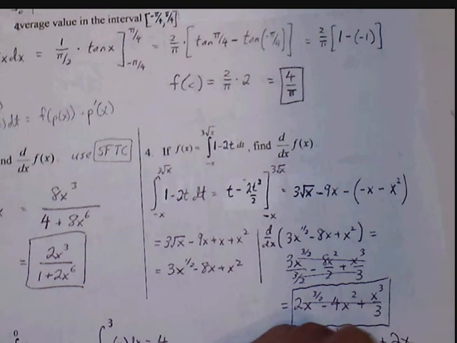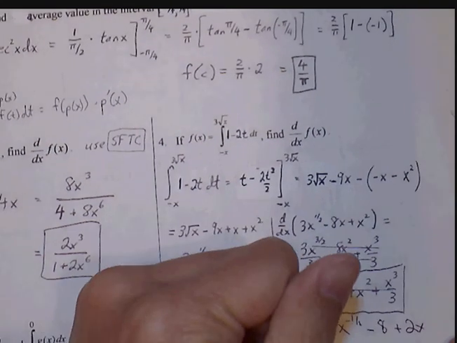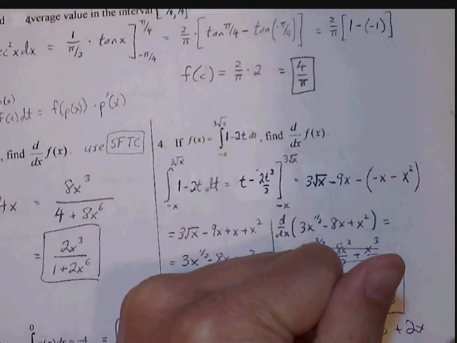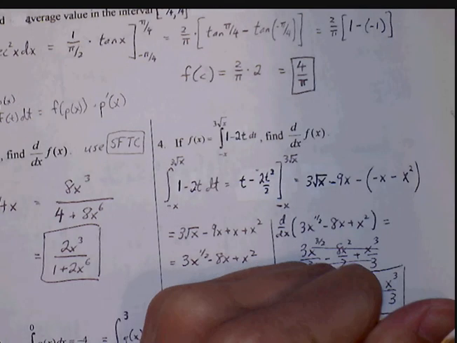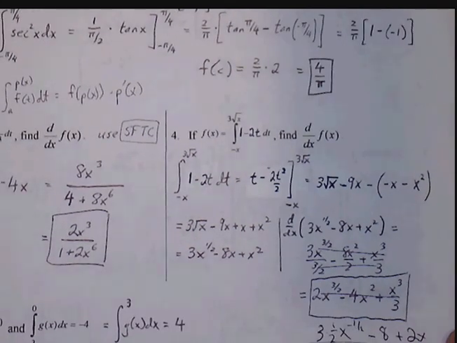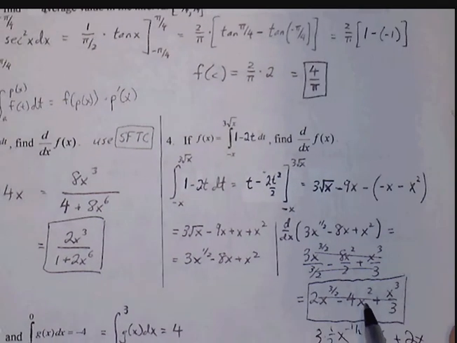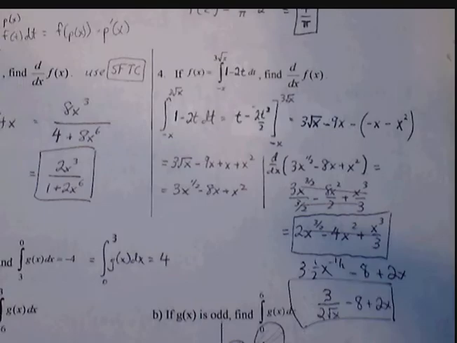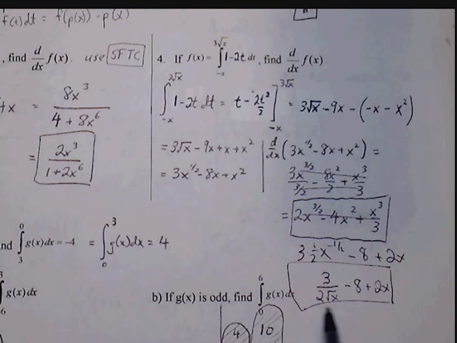Okay, and this reduces to 3 over 2 root x minus 8 plus 2x. Okay, so we shouldn't be finding the integral, we should be finding the derivative. So 3 over 2 root x minus 8 plus 2x.